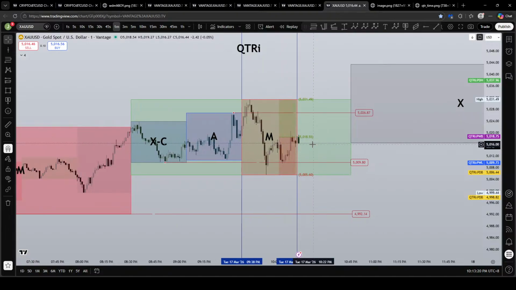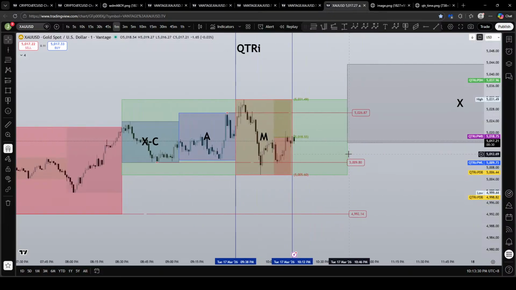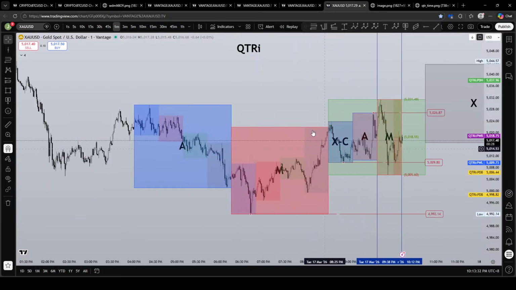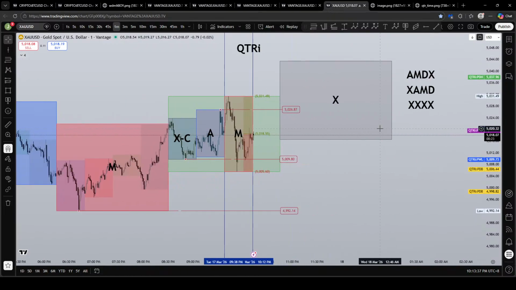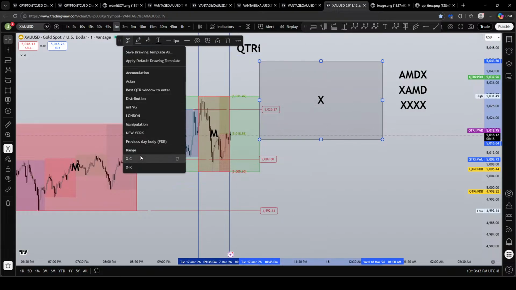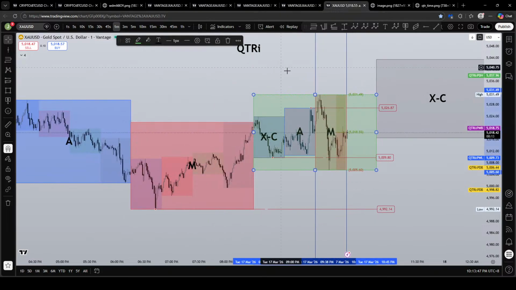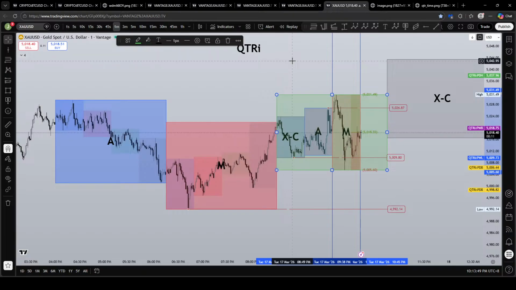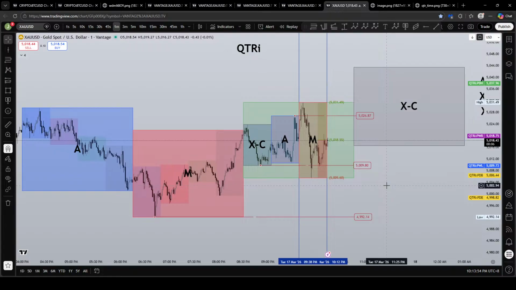So since we are currently at the fourth subquarter, then therefore the possibility of a continuation, X continuation, or a possible AMD structure as a QTR or intraday setup will be considered.